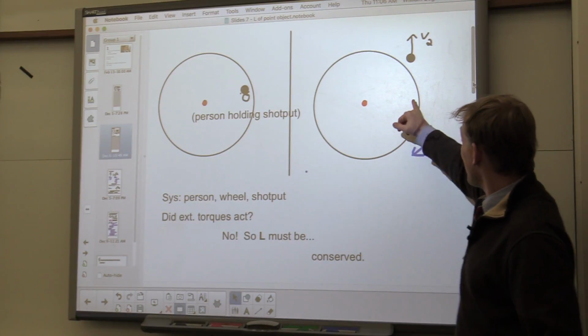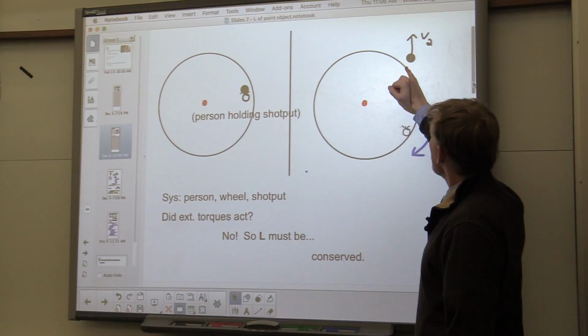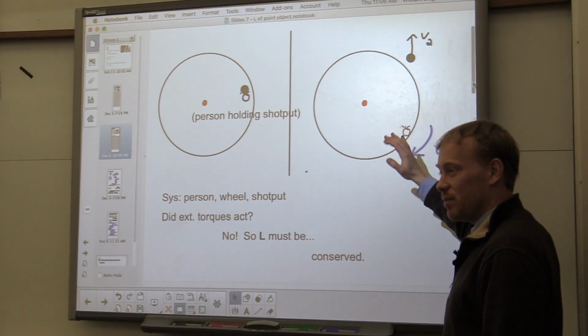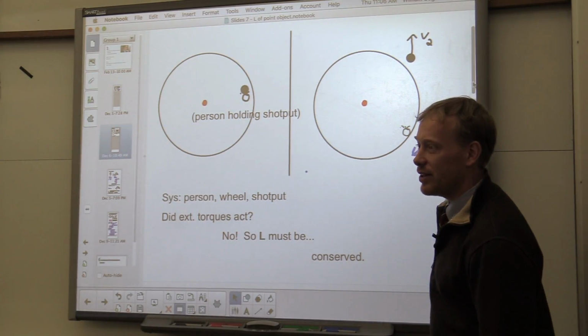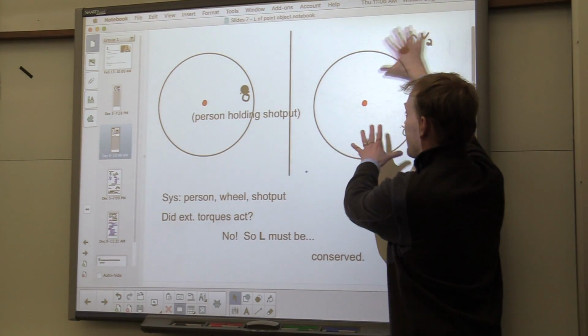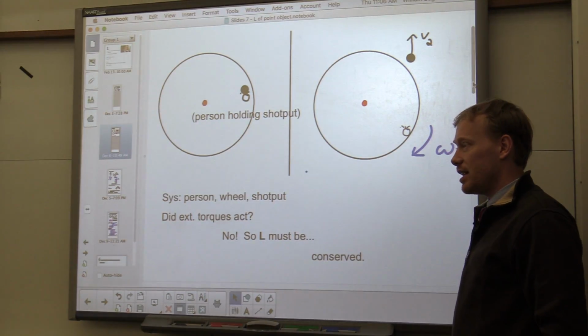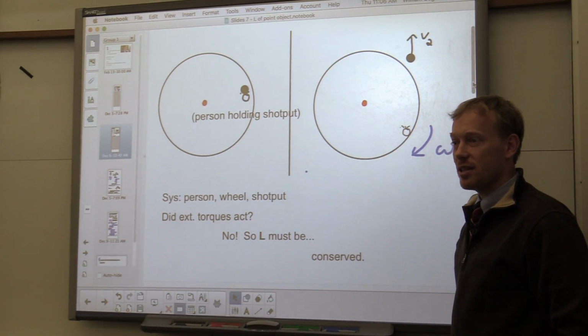Are you saying that that shot put has angular momentum? In what direction do you think that shot put has angular momentum? Out of the board, because I think you want to be looking at no angular momentum total in this picture. Does anyone feel upset by what Danny just suggested?